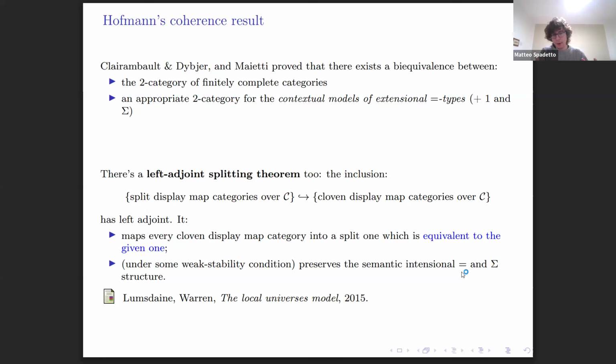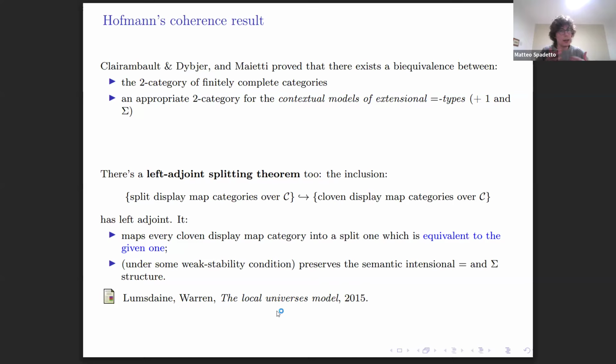But this new type former doesn't have to have anything in common with the type former of your choice, because I remind you that here we are talking about cloven models, so we have a choice of intensional identity types. So this extension of the reindexing of formation and introduction doesn't have anything to do in particular with the choice of your type formers in the domain of a given substitution. This was done by Lumsdaine and Warren in the local universes model.